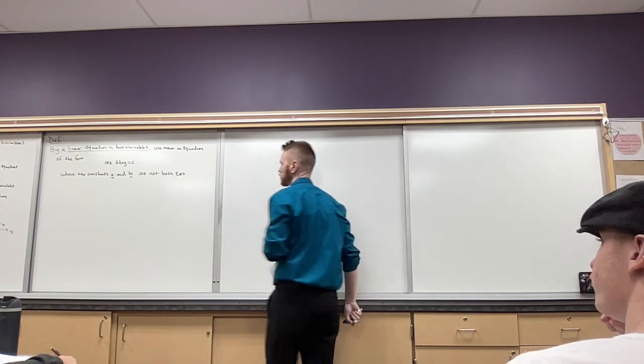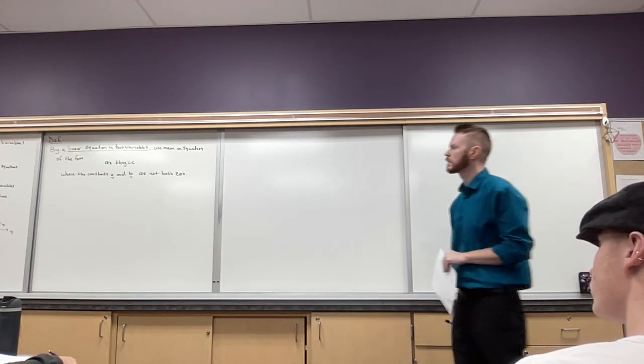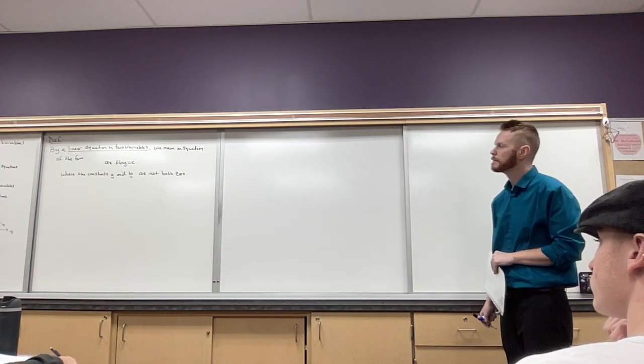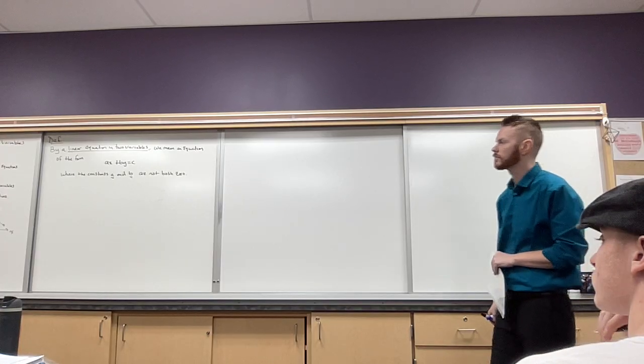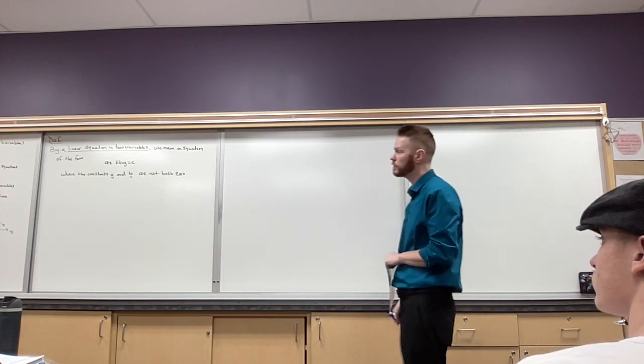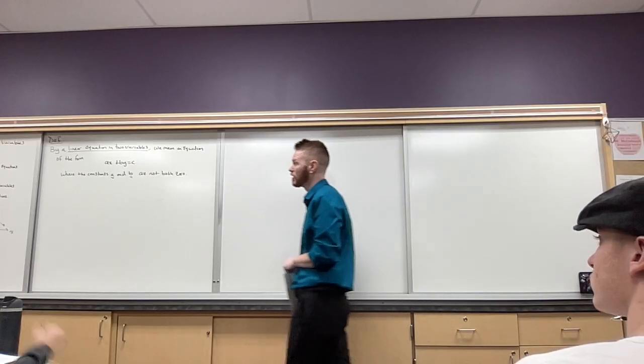Okay, so that's just a very generic definition of a linear equation with two variables, ax plus by equals c. And obviously a and b cannot both be zero, I'm sorry. One could be zero, but not both.